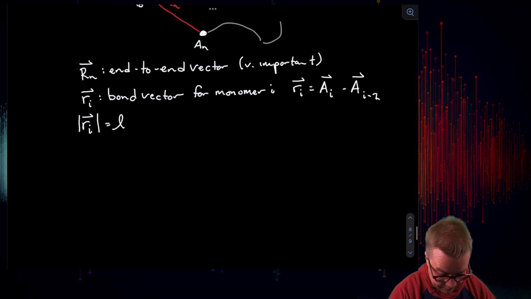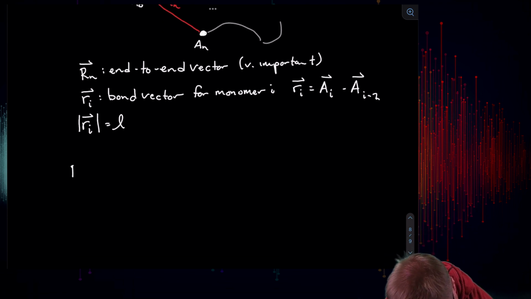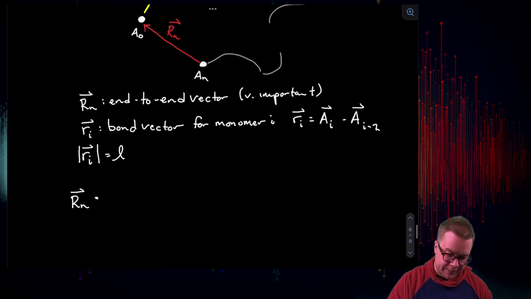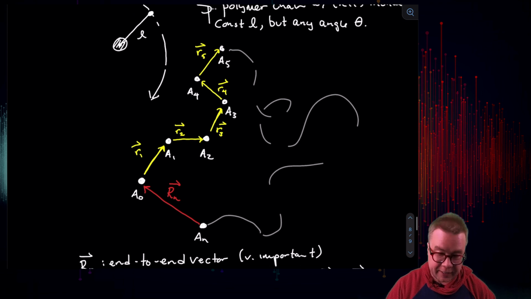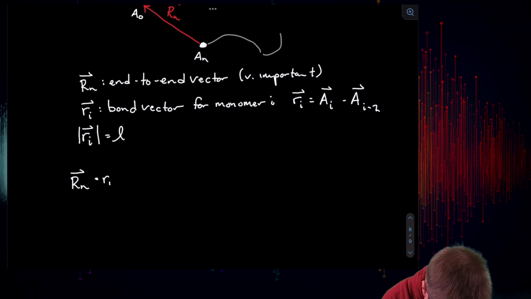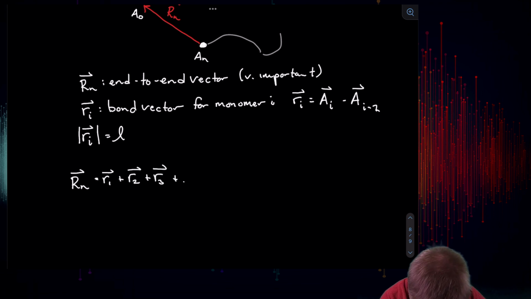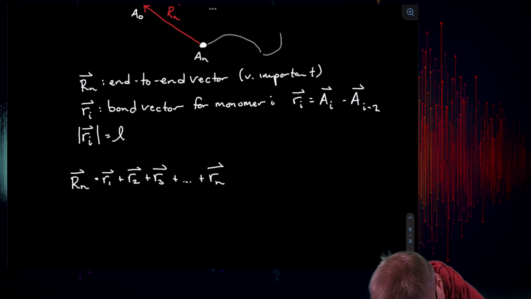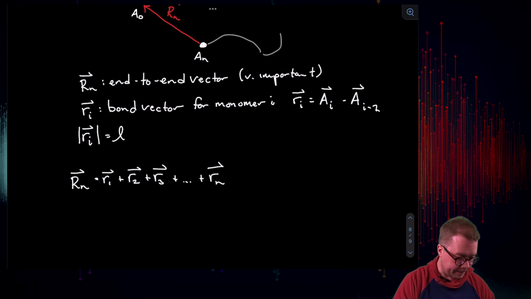And then finally, if we wanted to calculate R sub n, all we have to do is add up all of the individual bond vectors for the polymer chain. Okay, so this will be equal to R sub 1 plus R sub 2 plus R sub 3 plus R sub n. Right?